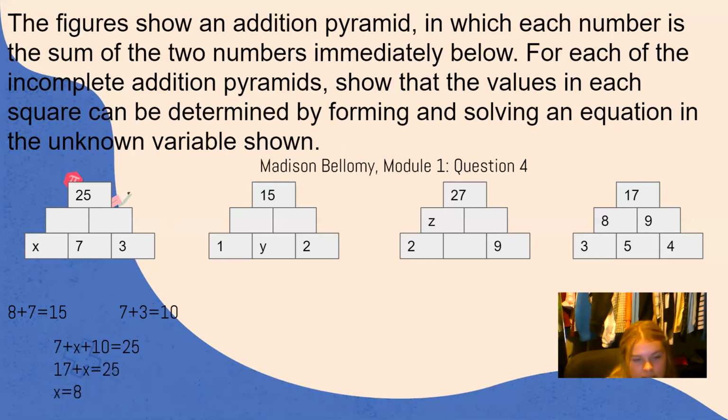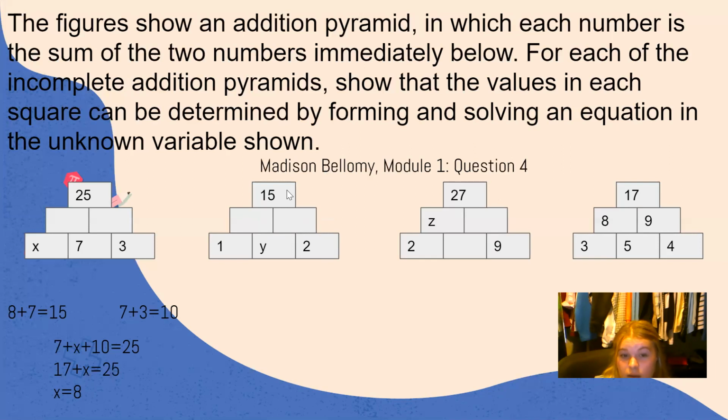So it would be fair to say that 1 plus y is in the left-hand box here, 1 plus y. And it would be fair to say that y plus 2 is in this box here. And that 1 plus y plus 2 is equal to 15. So that's going to be our equation here.